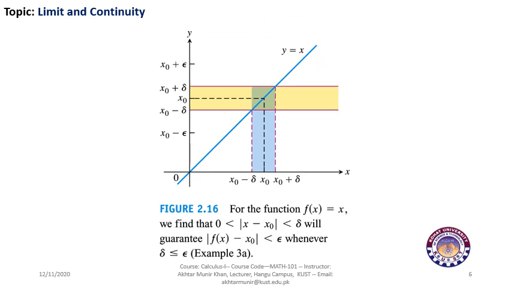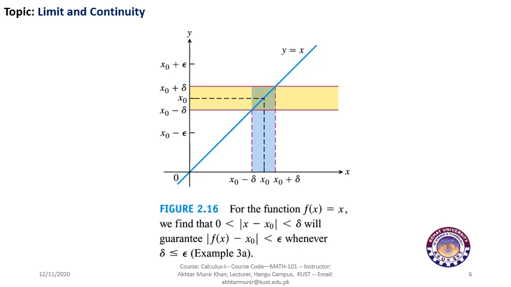Now we assume another function, which is y equals f of x. So we consider this function f of x equal to x and assume that we are interested in finding the limit of this function at x naught. Then, as we know, for this function, corresponding to each input value, the output and input values are the same because the function is defined in such a way that image is equal to pre-image.